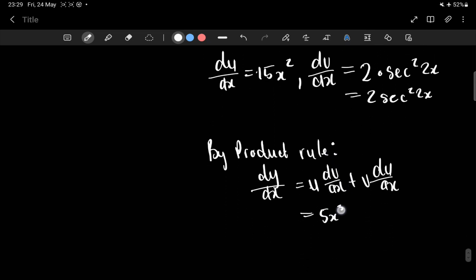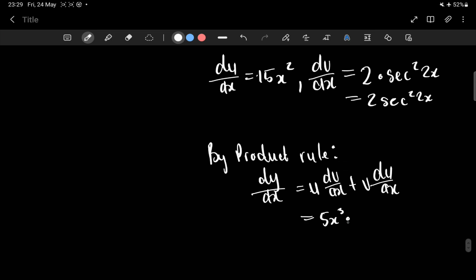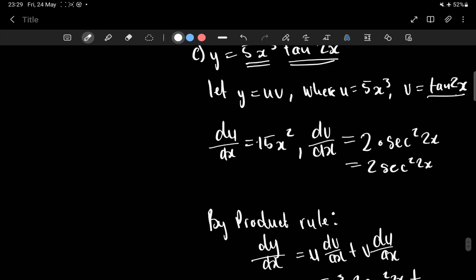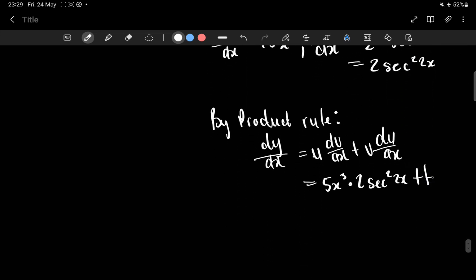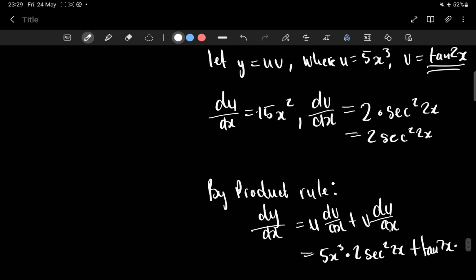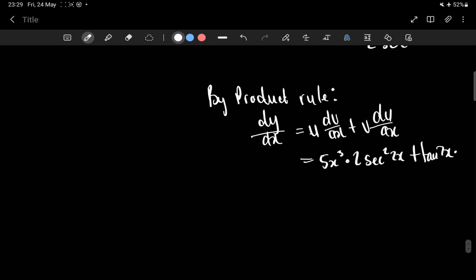So it's 5x cubed times, what is my dv dx? It is 2 sec squared 2x plus, what is my v here? Tan 2x. So tan 2x times, what is my du dx? It is 15x squared. So times 15x squared. This becomes, 2 is a number, it multiplies the number.